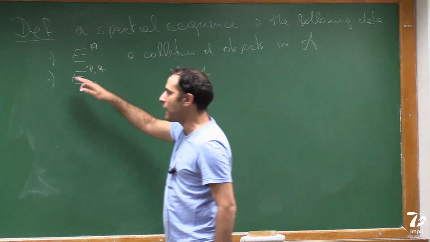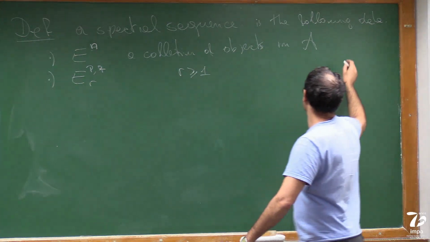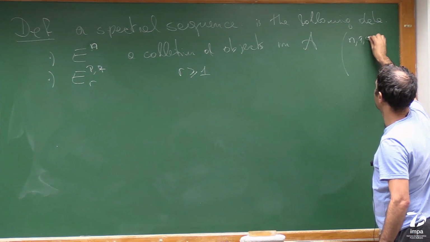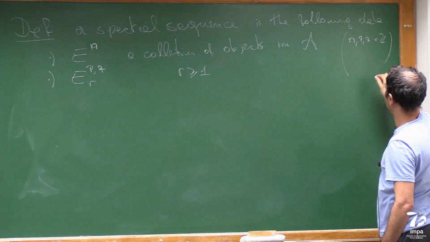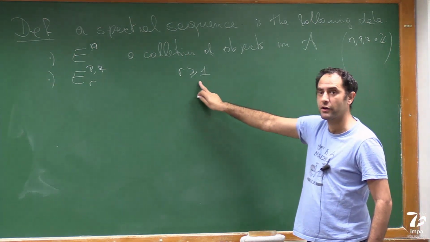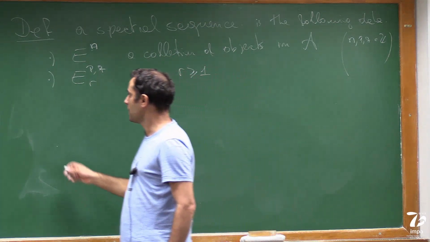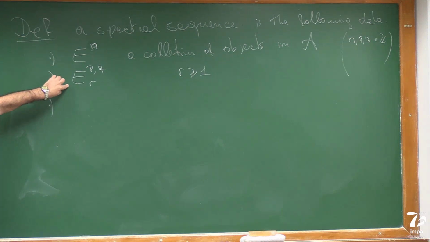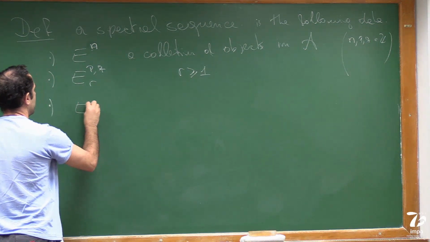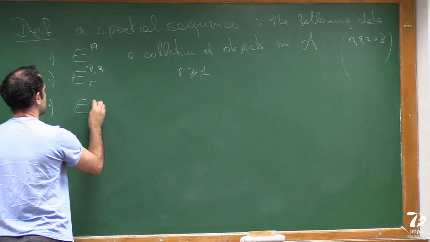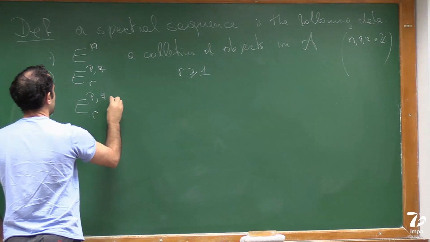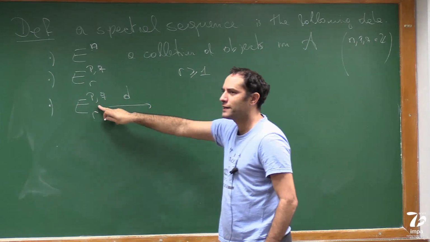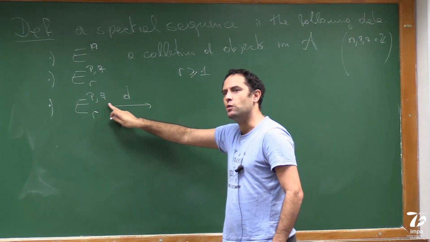I'll impose conditions on boundedness of these things, but for now let's keep n, p, and q integers. But r is bigger or equal than 1. I want these guys to be complexes. So I want maps like this, d: E_r^{p,q} to E_r^{p+r,q-r+1}. I should write d_r^{p,q}, that I'm not going to write.